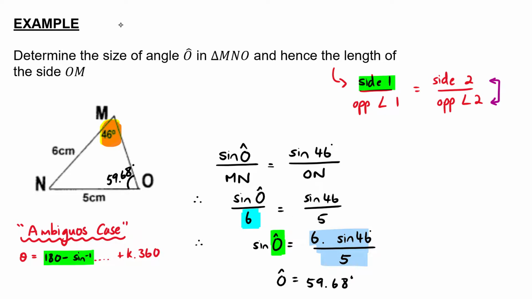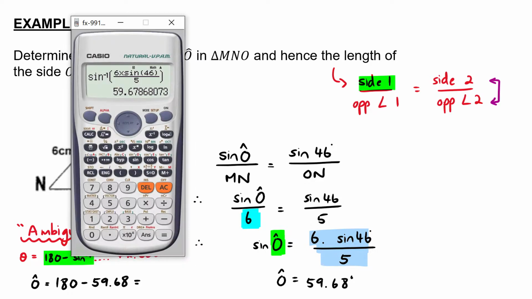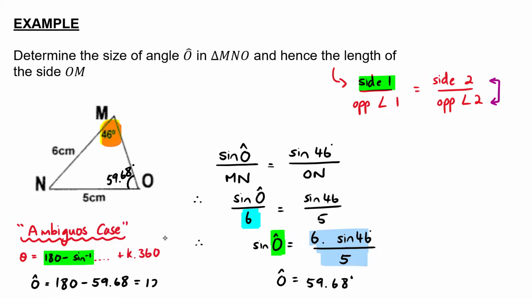So even though we worked out that O is 59.68, it would also be correct for us to say that O is equal to 180 minus 59.68. And if we check that on our calculator, we end up with 120.32.